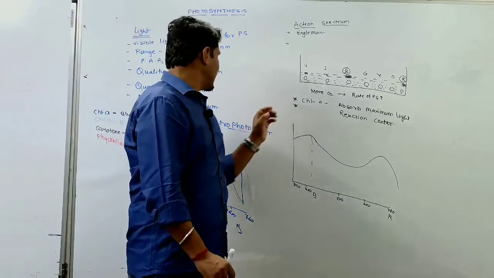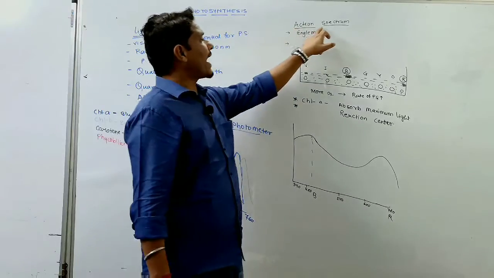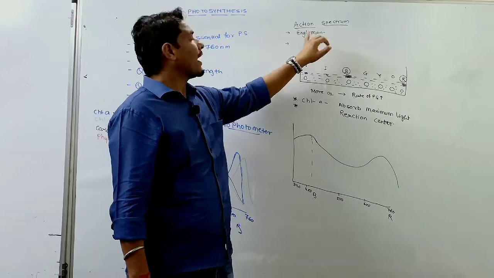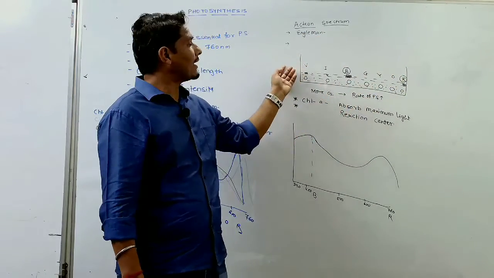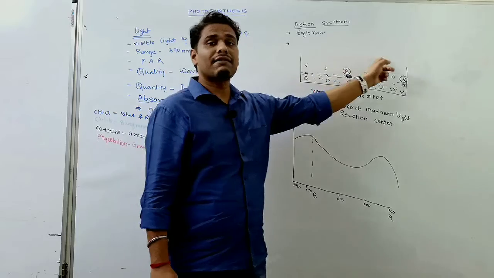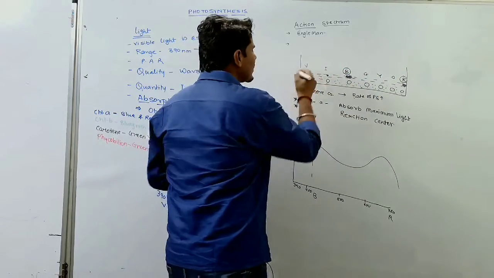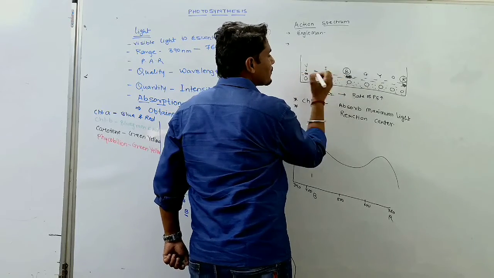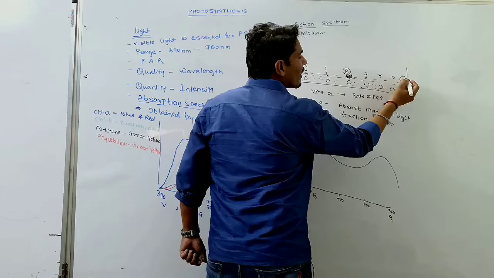The spectrophotometer result is interpreted by the action spectrum, and this experiment was performed by Engelmann, who exposed algae to 7 spectra of light: violet, indigo, blue, green, yellow, orange and red.